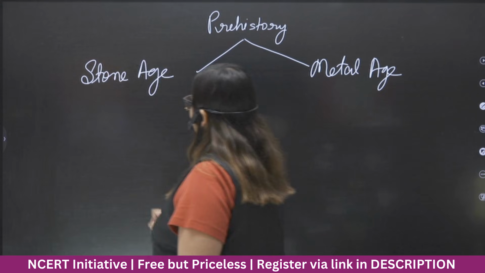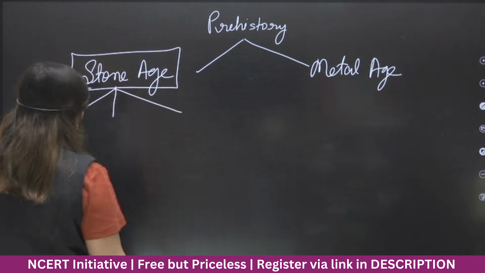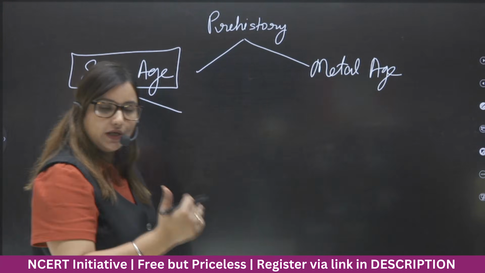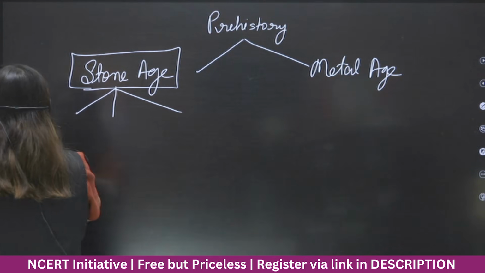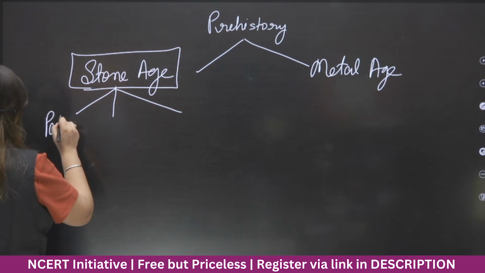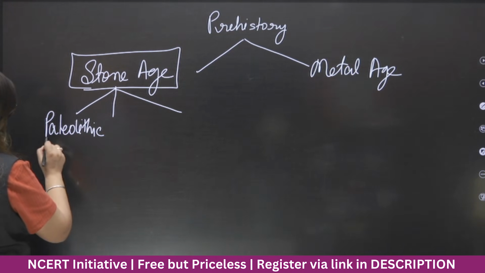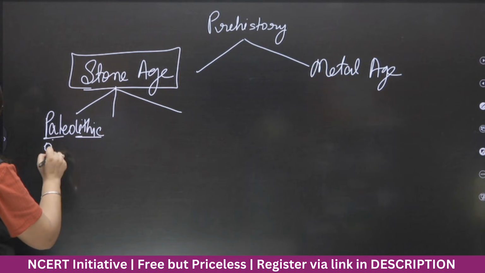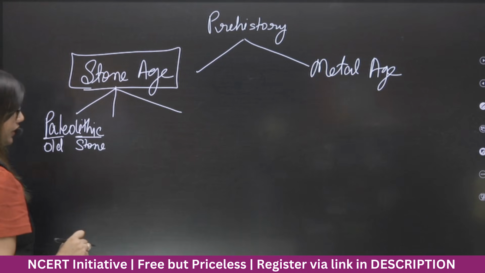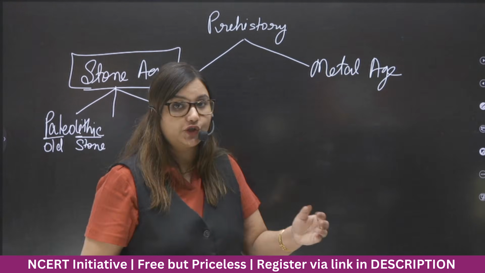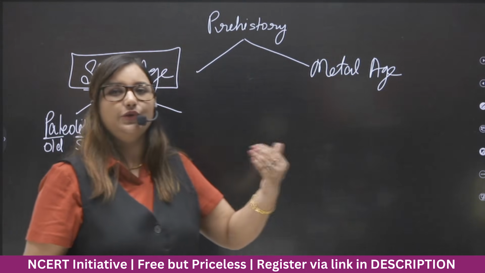Now, let's start from the Stone Age. Stone Age is further divided into three parts: Paleolithic Age, Mesolithic Age, and Neolithic Age. Paleo means old and lithic means stone. Old stone. So we can also call it Old Stone Age. Fine. So Paleolithic Age can also be called Old Stone Age.